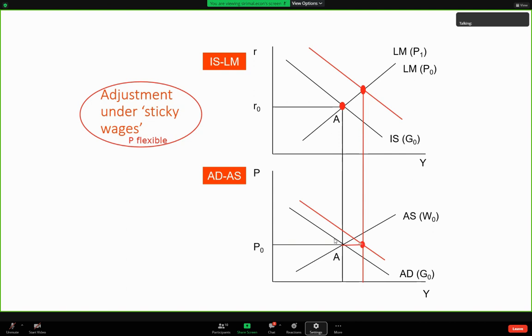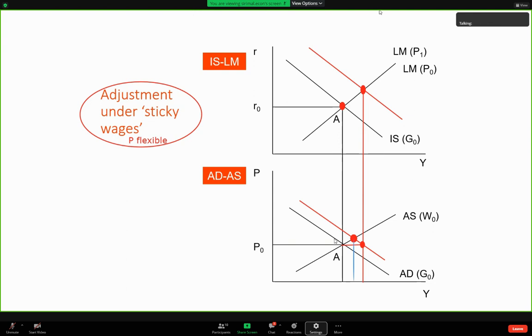Where is that? It is here. That is the intersection point. So which means now we need to have this. You can see output level has gone down a little bit.